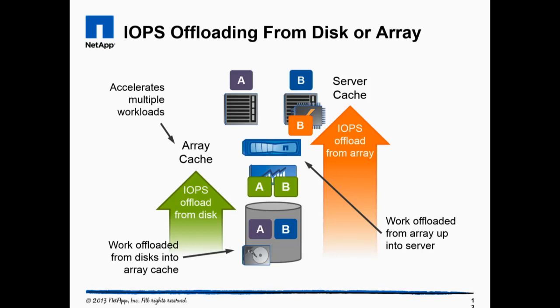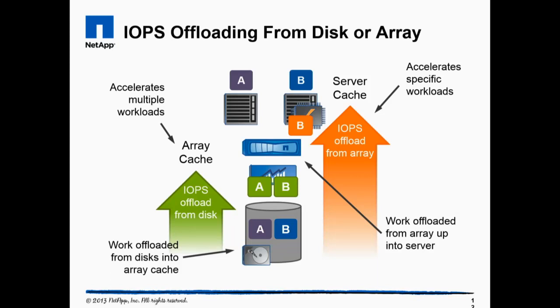And then you also have to consider that just about every hybrid storage solution out there, the cache in the storage is going to accelerate multiple workloads, or it's probably less granular in the workloads that you can assign the cache to. And then if you put cache in the server, you can target that at specific hosts or at specific virtual machines.